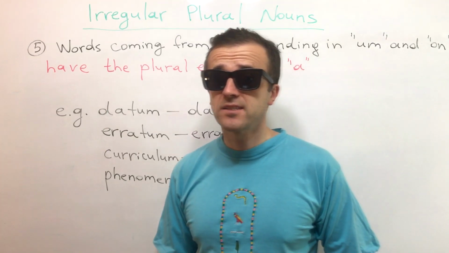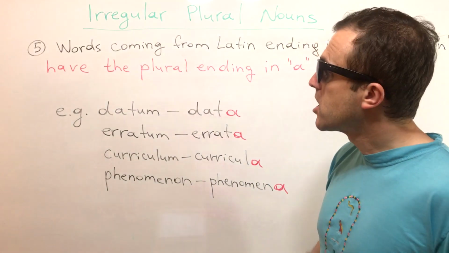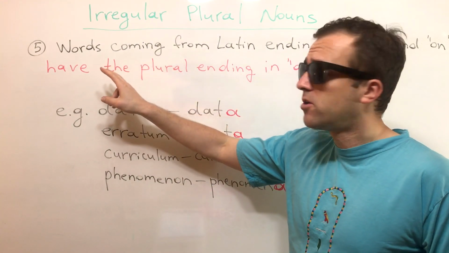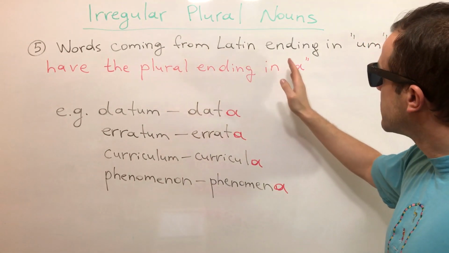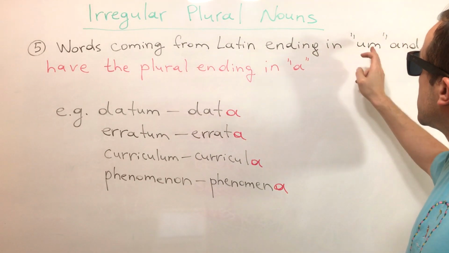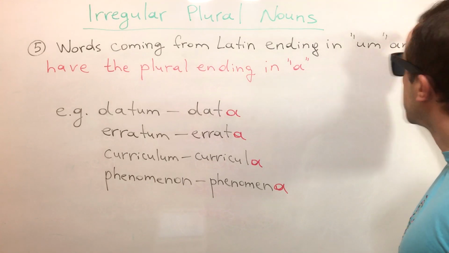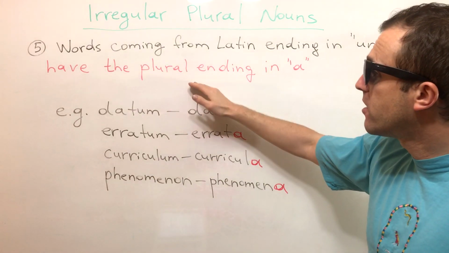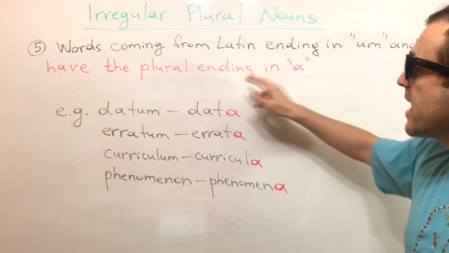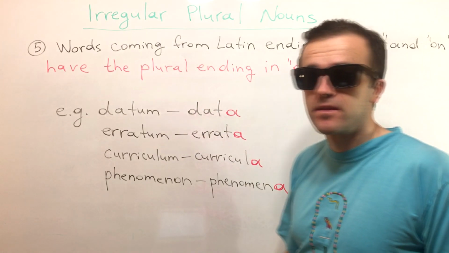Fifth rule, guys, is very interesting because these are words that come from Latin. So words coming from Latin ending in um and on have the plural forms ending in a.